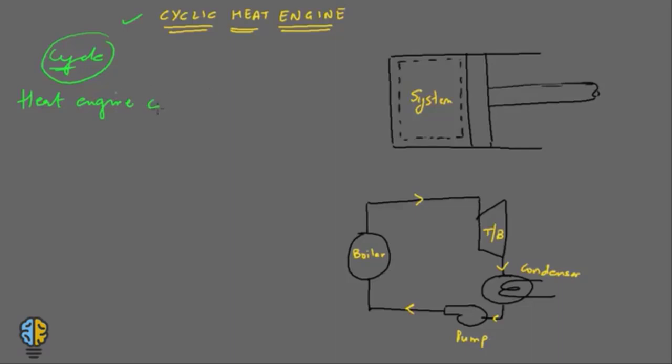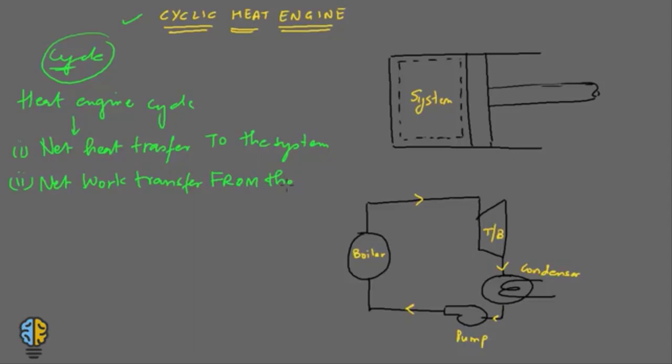It's a thermodynamic cycle in which there is a net heat transfer to the system and net work transfer from the system. So this is very important. That is, the first case is the net heat transfer to the system, and the second is that you will have some net work transfer from the system.